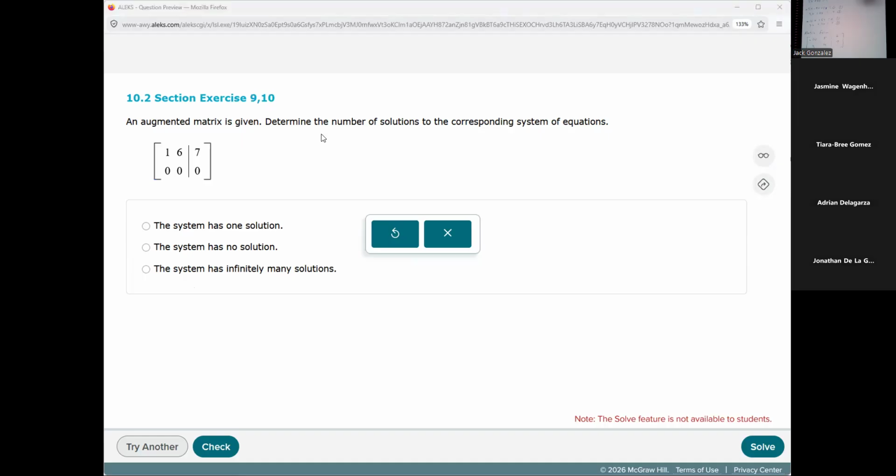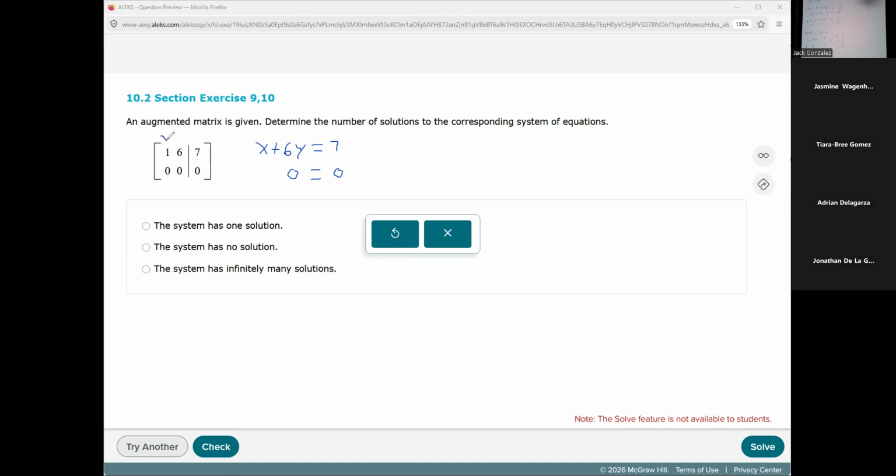Okay, check out this one. Here we have a row of zeros. So whenever you have an entire row of zeros, this is x plus 6y equals 7, and 0 equals 0.